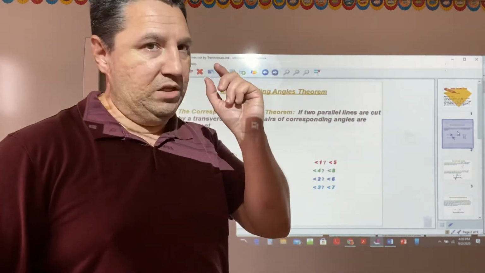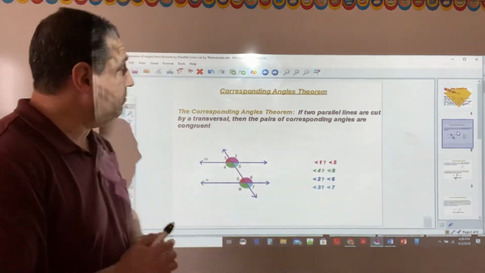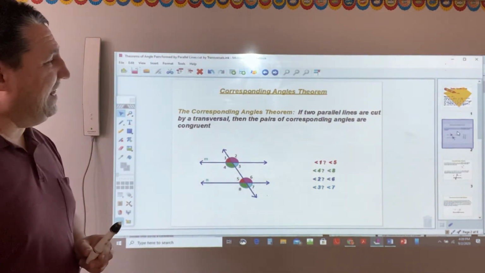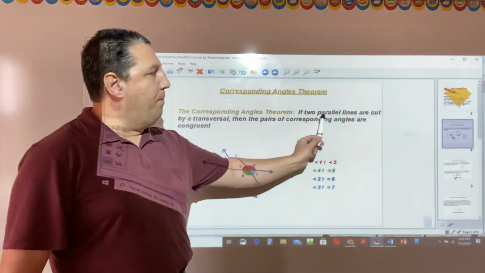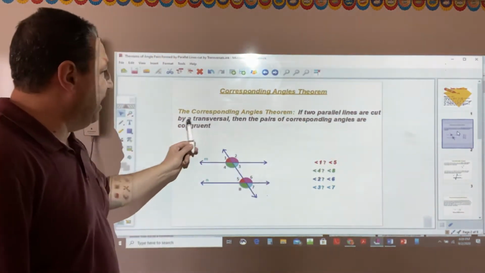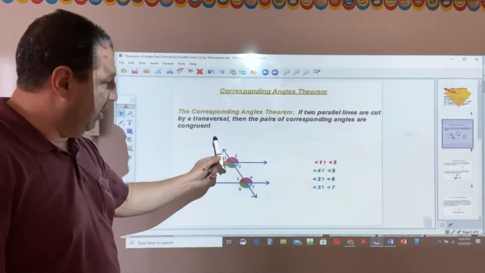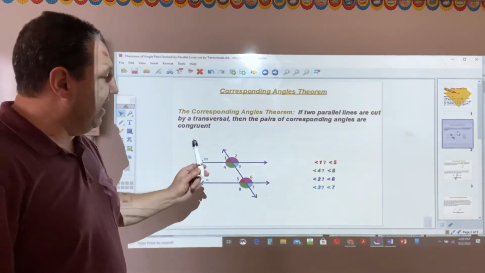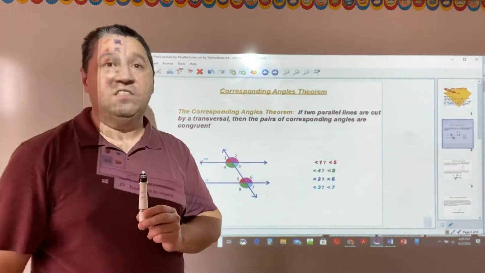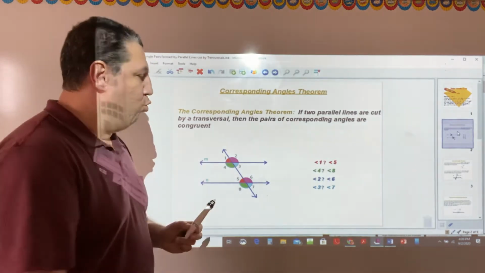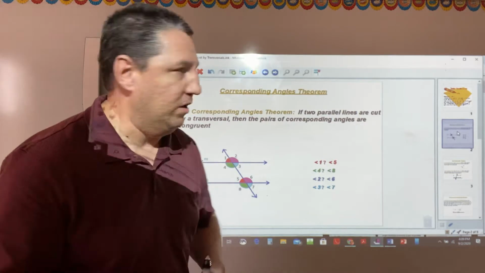We talked about corresponding angles last time. So, what does this theorem state? If two parallel lines are cut by a transversal, then the pairs of corresponding angles are congruent. Congruent means same measure or equal.